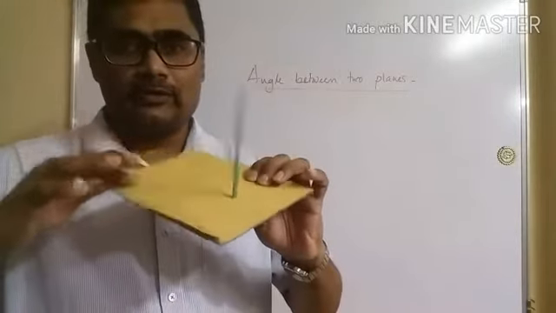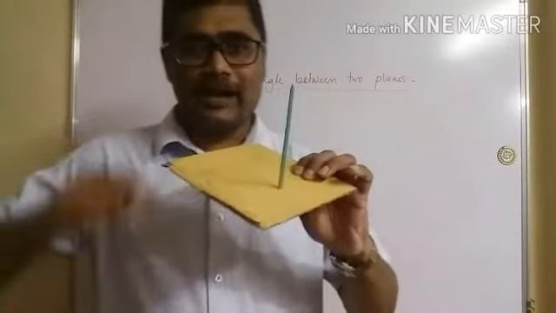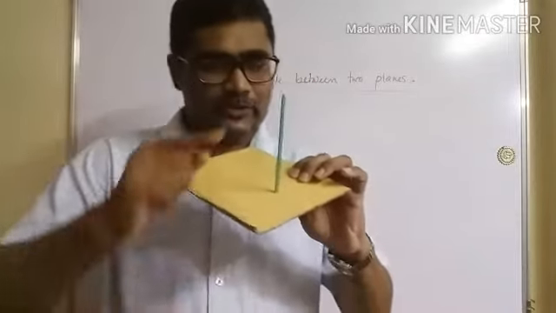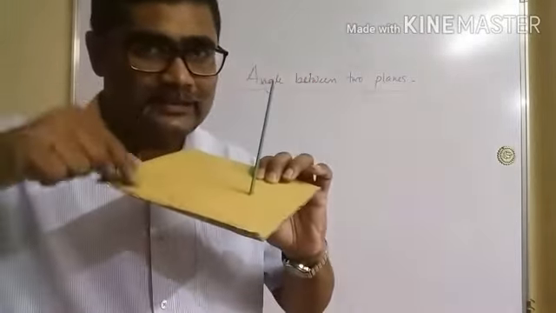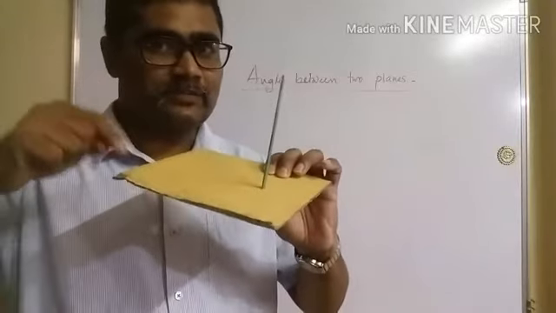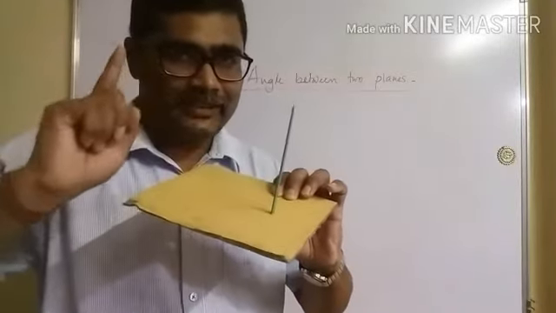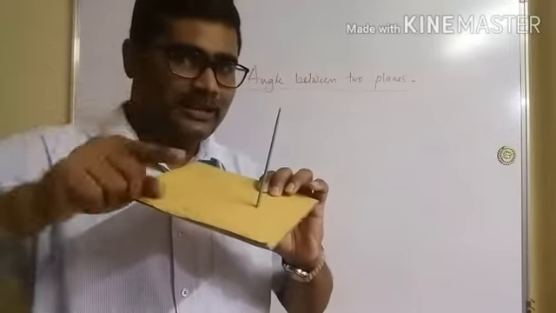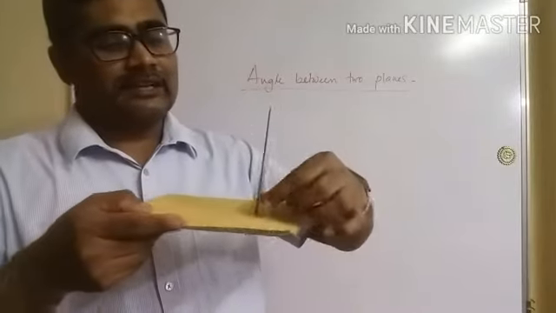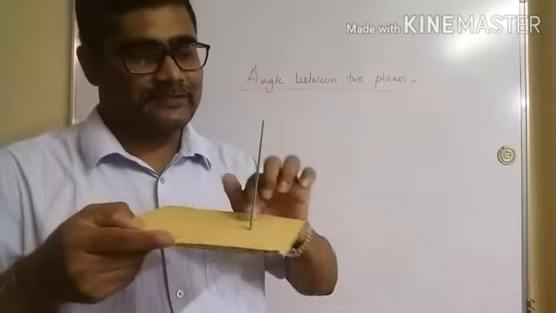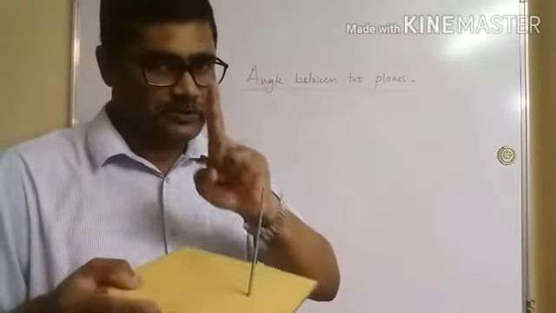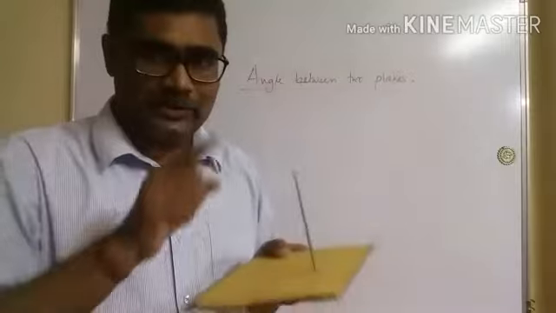I cannot think about this plane without this particular normal. This plane is being represented by this normal. That A, B, C or that L, M, N are the direction ratios or direction cosines of this line, right? This vector which is perpendicular to it. So whenever we'll be talking about the angles, we'll take the help of this.